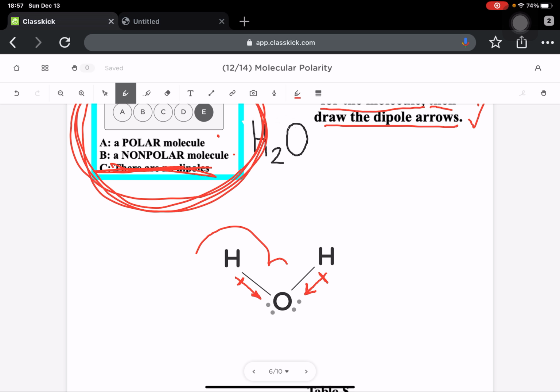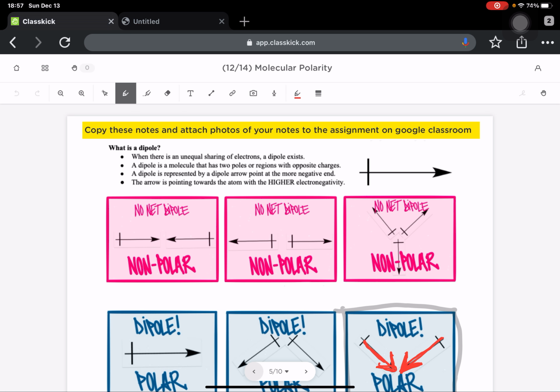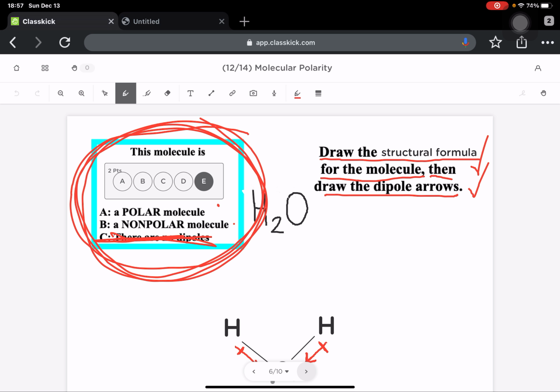That's Mickey Mouse's ears. His face, right? Water is bent. Okay. So, that means it is polar. Polar. All right. So, polar, and I'm not going to do this, right?